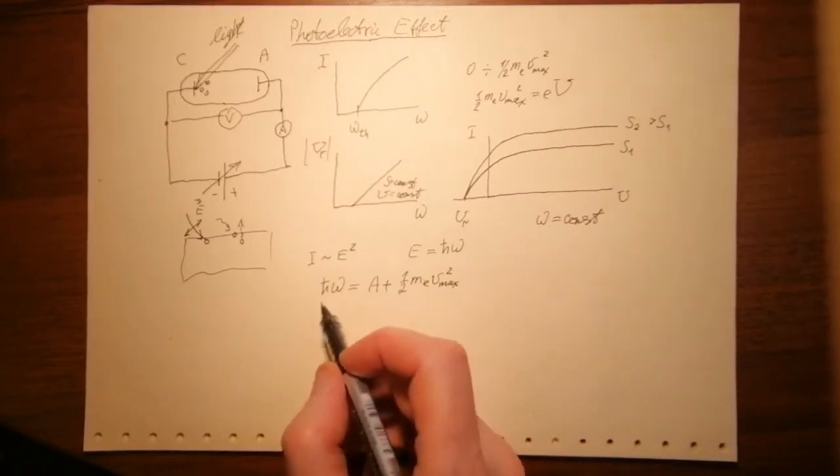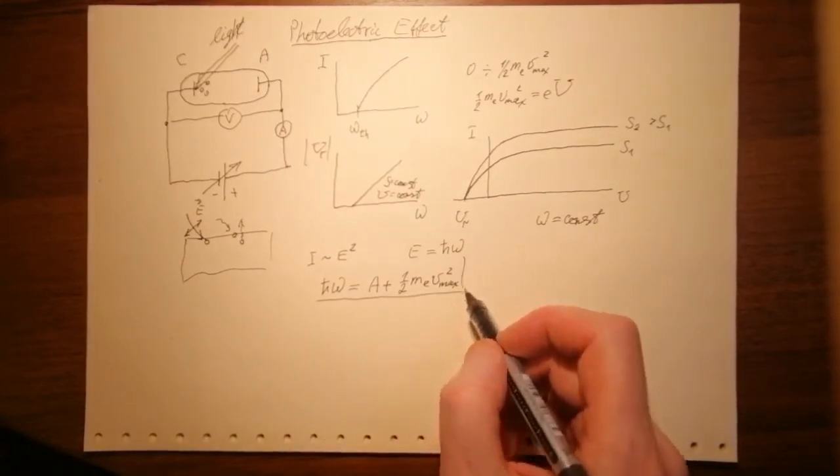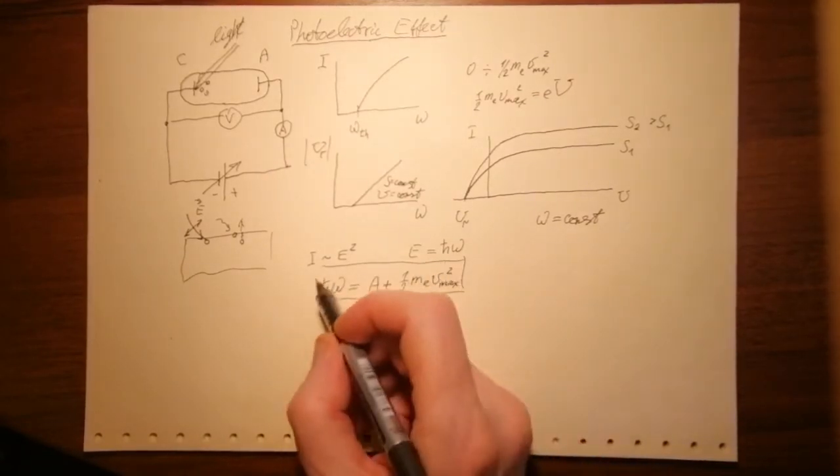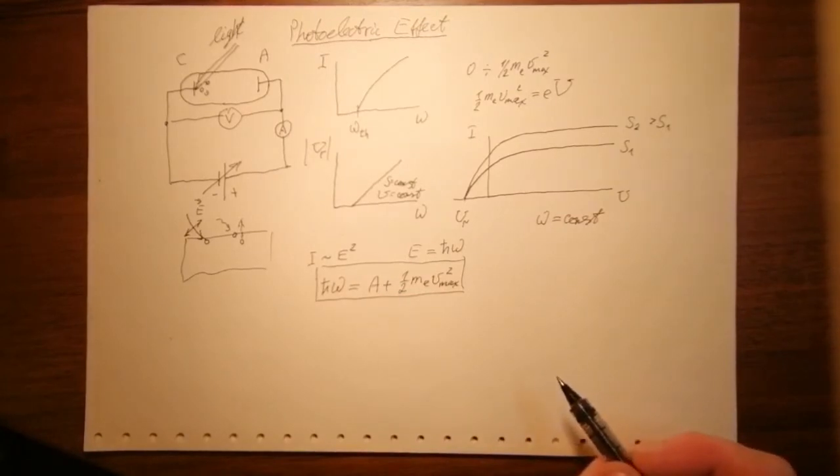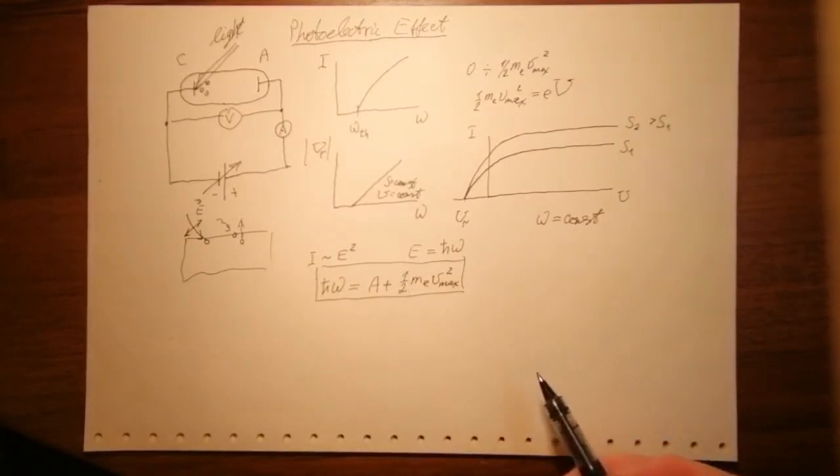This equation explains all three laws which we just mentioned. Laws were derived, again, from experiment.